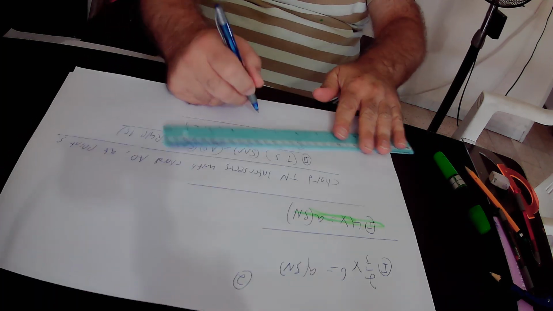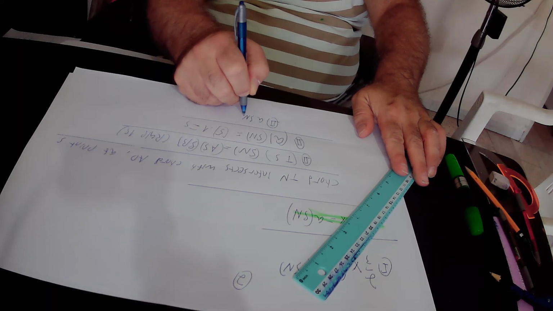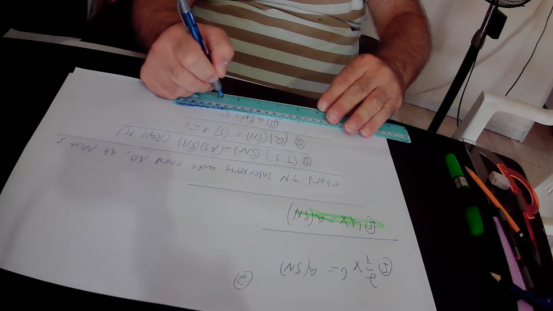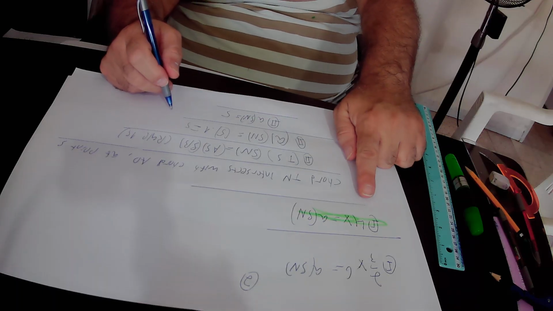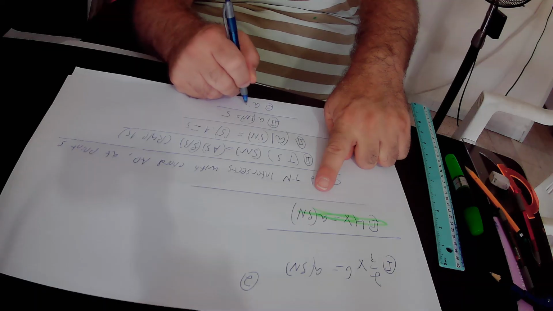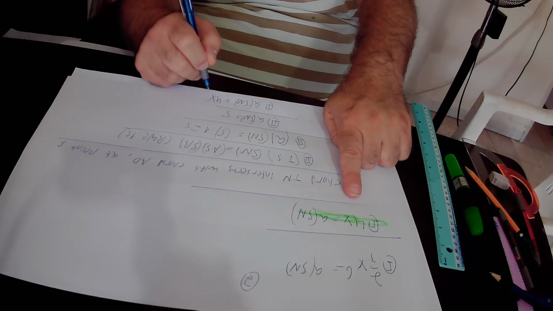So we found out that, according to equation 2, A times Sn is equal to 5. Well, according to equation 1, A times Sn is equal to 4x.